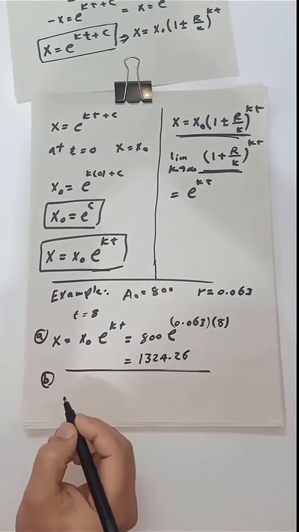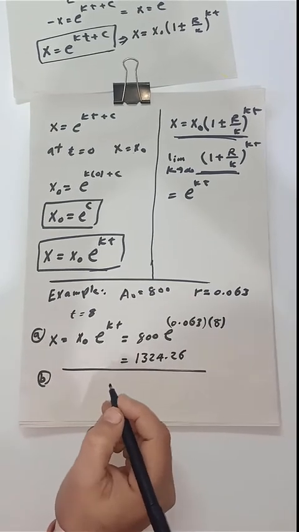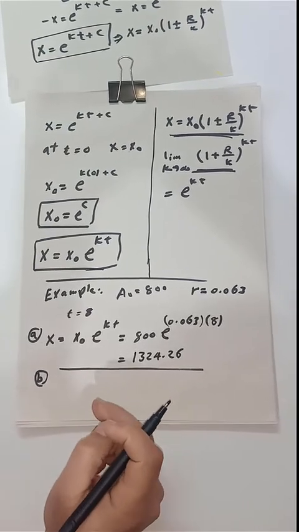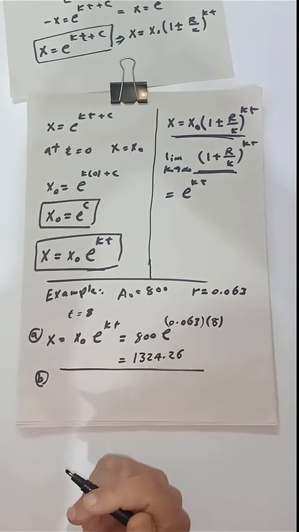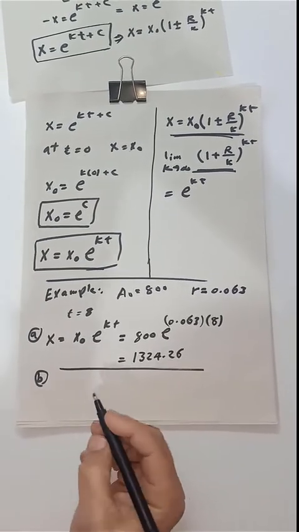B, compounded quarterly. Quarterly means there are 4 interest payments in 1 year, 4 times the interest.